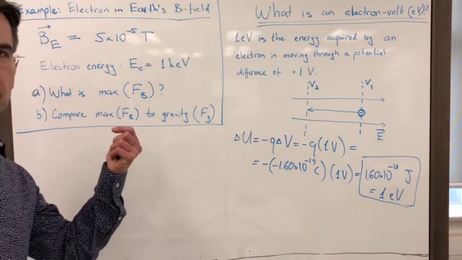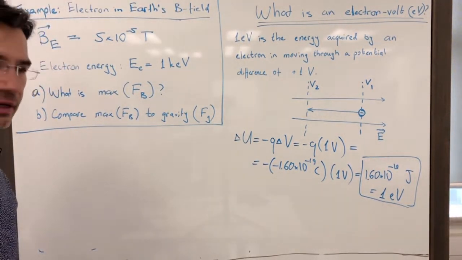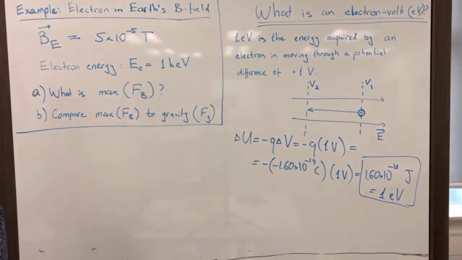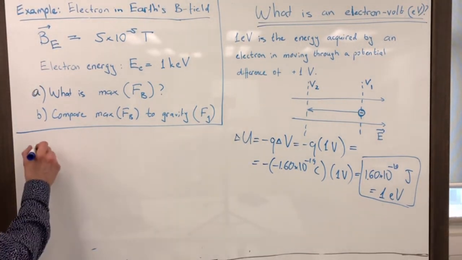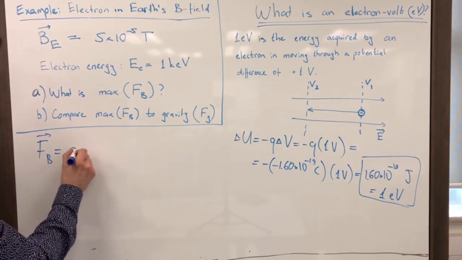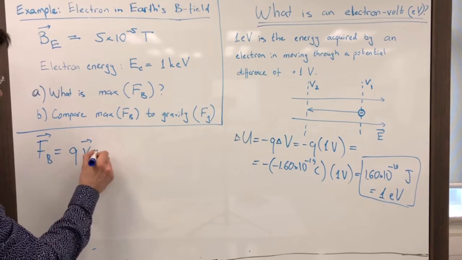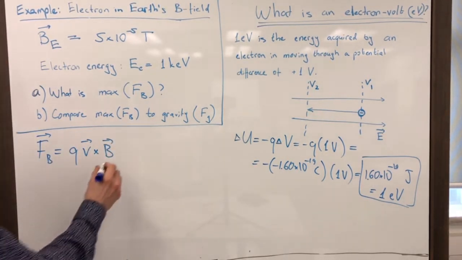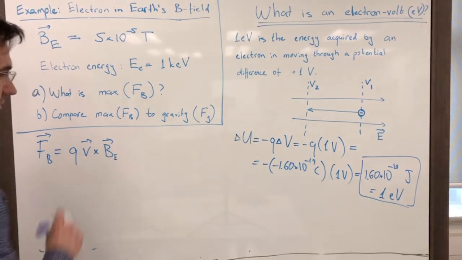What is the maximum force that the electron can experience in the magnetic field of the Earth? We know that our expression for the magnetic force is Q V cross B, and we're given the magnetic field of the Earth.